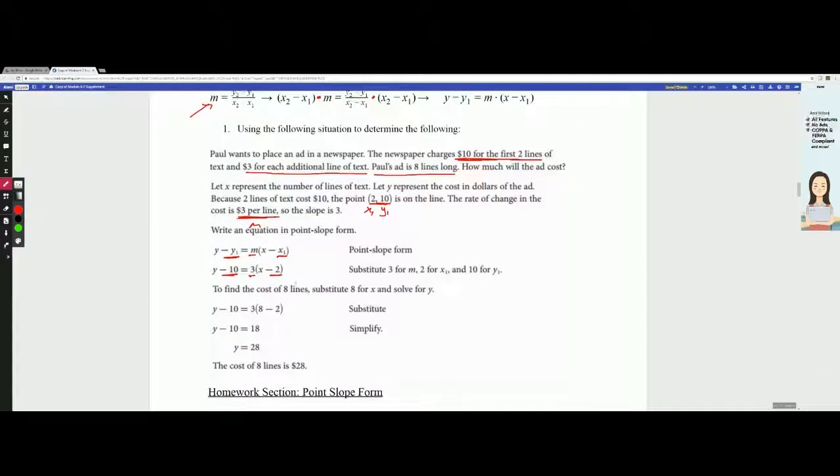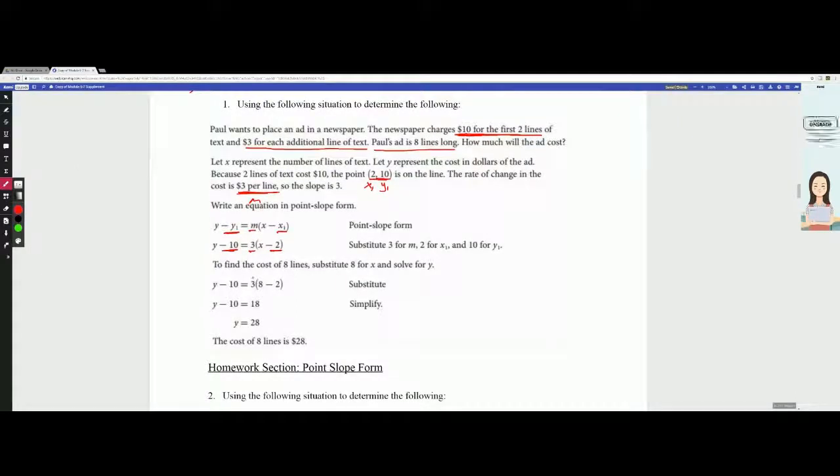Okay, so 8 minus 2 is 6, and 3 times 6 is 18. We still have that minus 10 there, so I'm going to add 10 to both sides. Plus 10, there we go. And you're going to get y equals 28. So 8 lines is going to cost you 28 bucks.